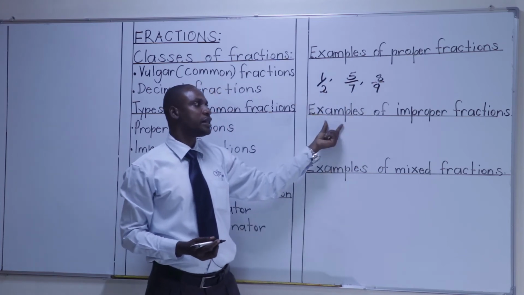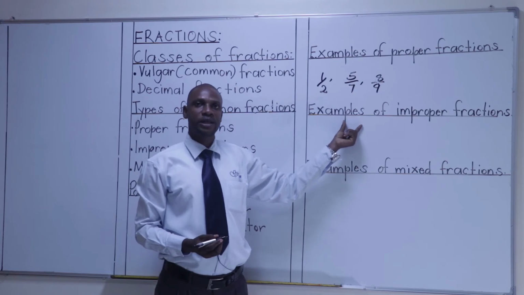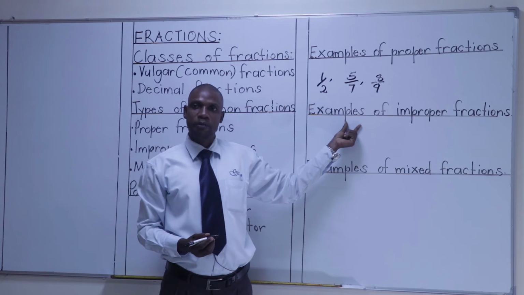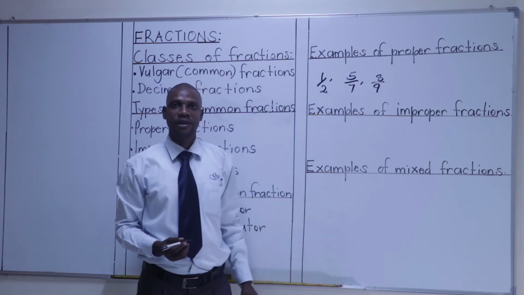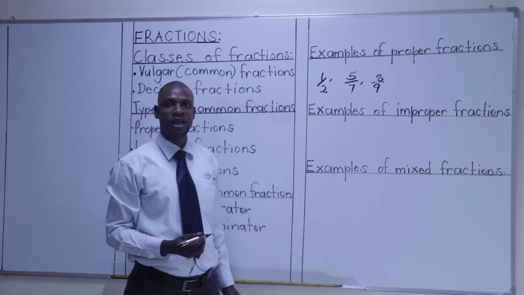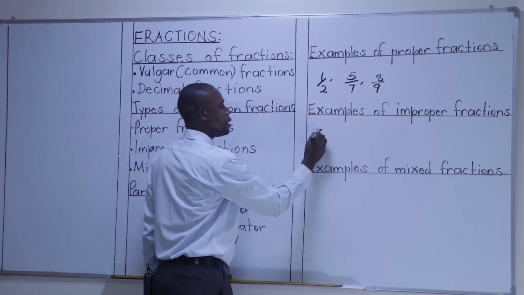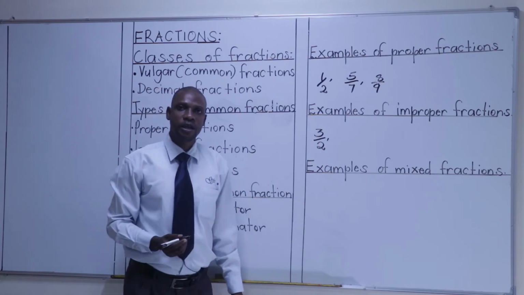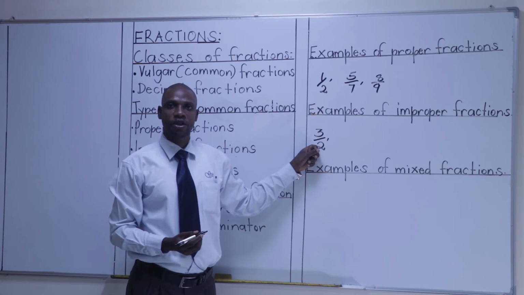Let us now look at examples of improper fractions. But before we look at the examples, let's talk about the definition of an improper fraction. An improper fraction is a fraction where the numerator is bigger than the denominator. Take for instance, when I write 3 out of 2, 3 is bigger than 2, and therefore this one qualifies to be an improper fraction.